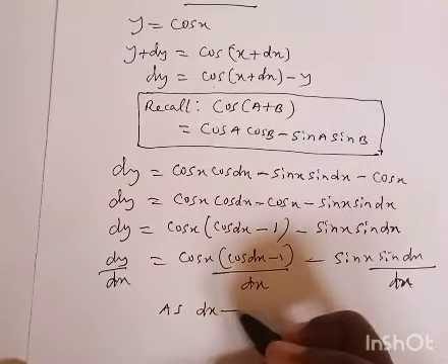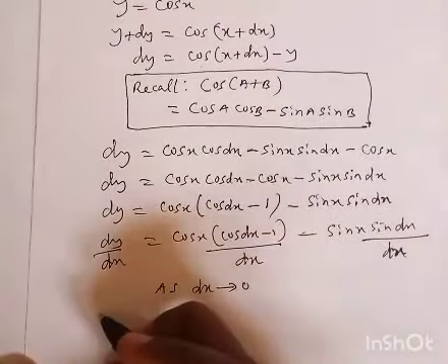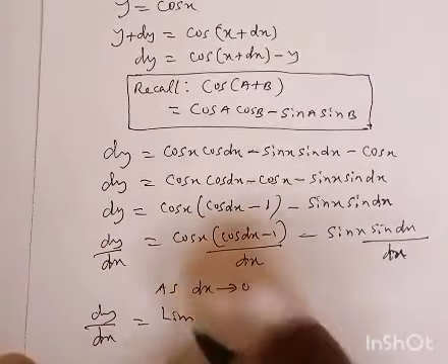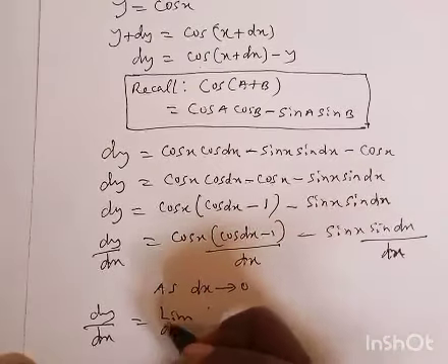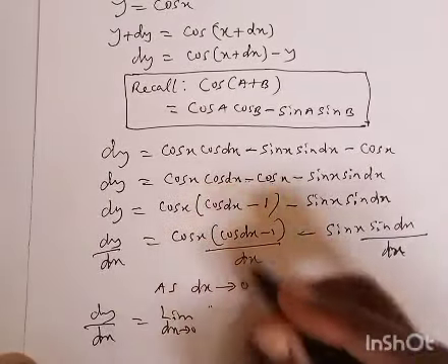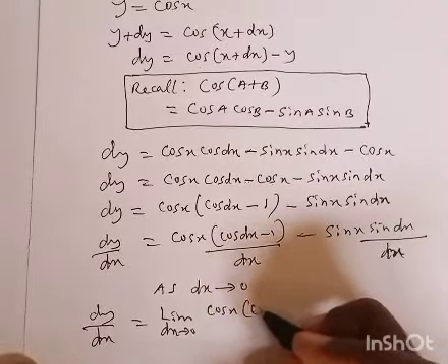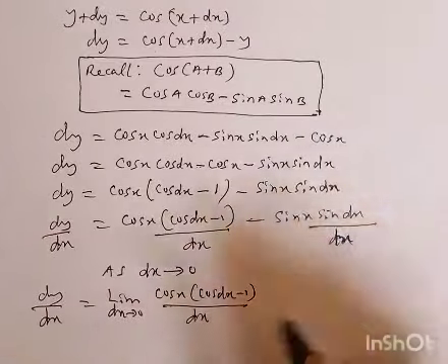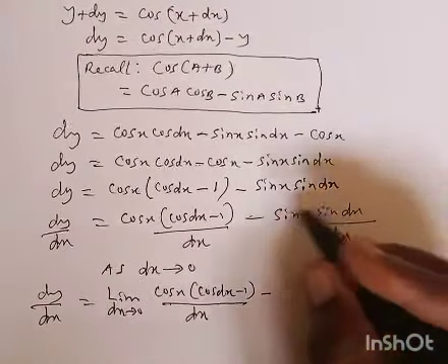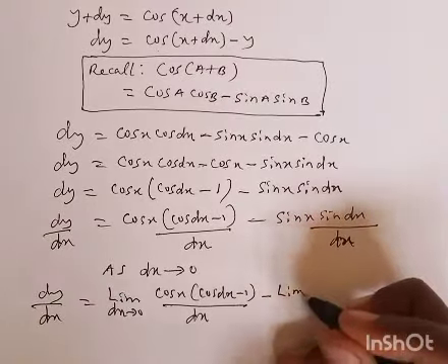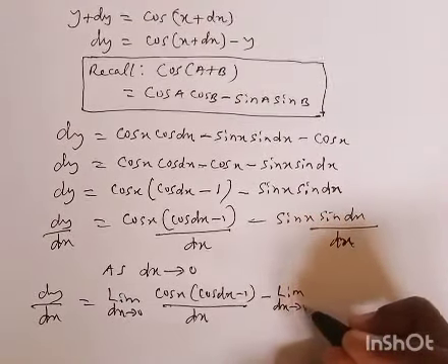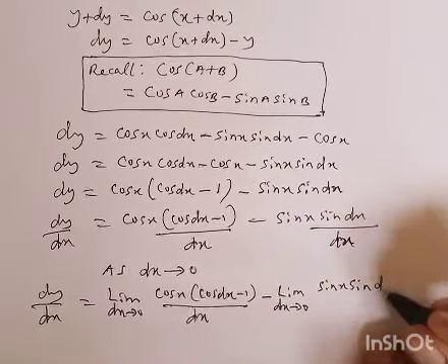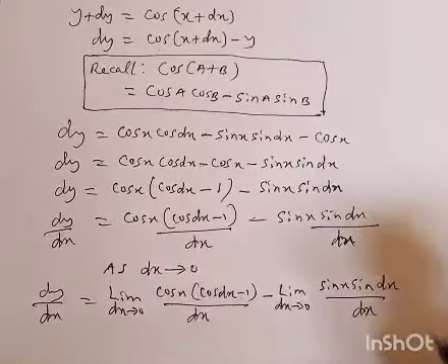As dx tends to 0, you have dy over dx equals the limit as dx goes to 0 of cos x into cos dx minus 1 over dx, then minus, and this one also you take the limit as dx goes to 0 of sine x sine dx over dx.